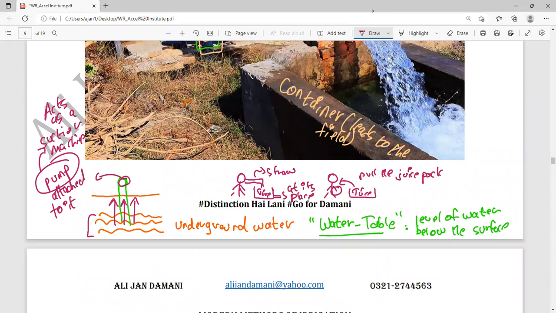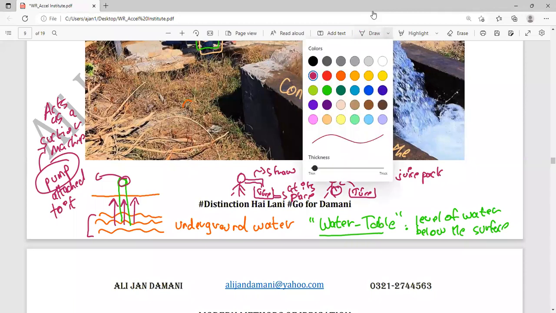I think the water is at its own natural level. Yes, absolutely, because you are not bringing the water level up. The water level is right there, and you are using a suction machine to bring it up.